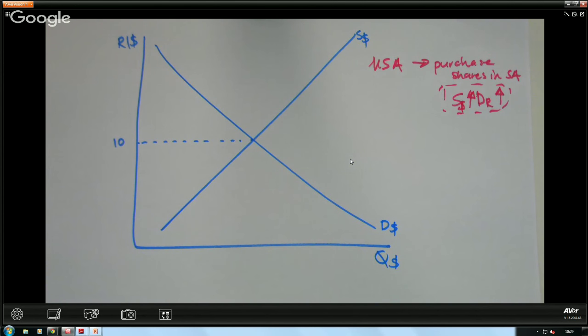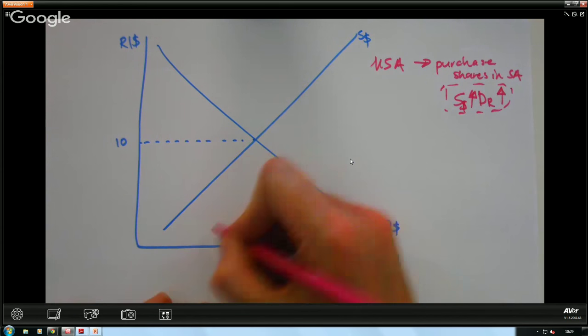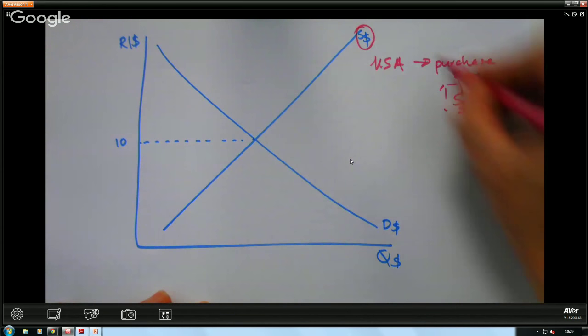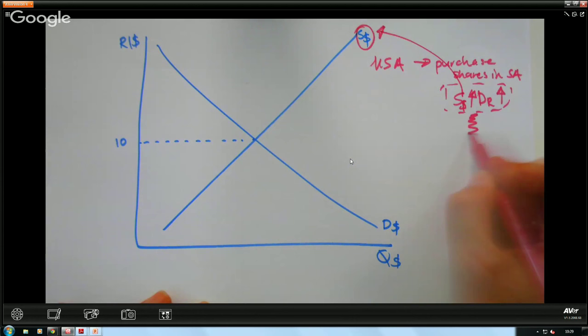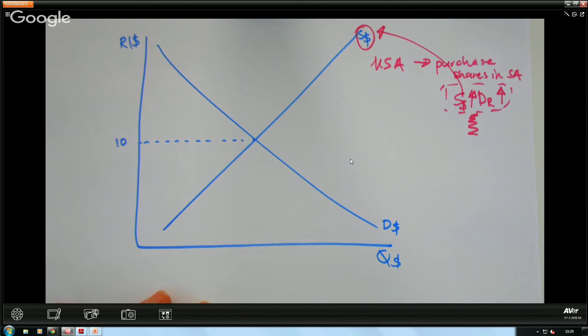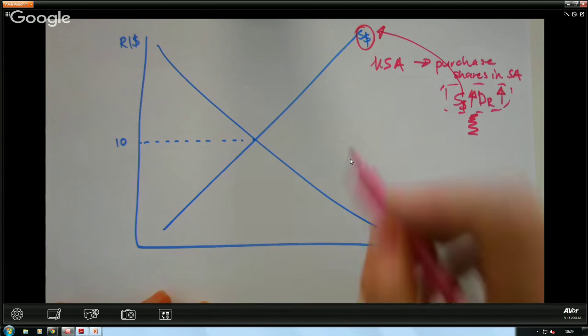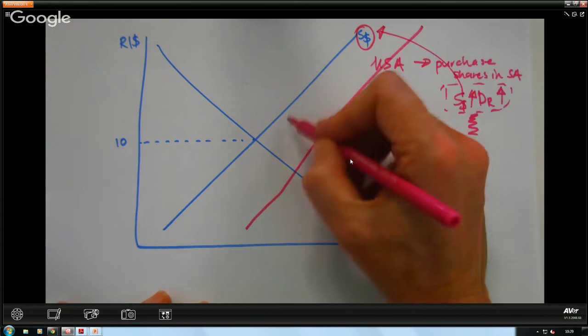So we can't forget ceteris paribus. Do you remember ceteris paribus? All things else being equal. Right. So what happens? The supply of dollars, we said, will increase. So show it. There it goes.